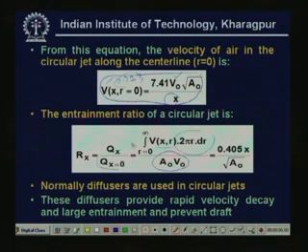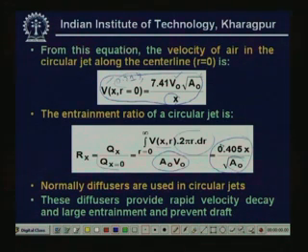So, if you substitute the expression for Vxr and integrate it from 0 to infinity, ultimately you find that the entrainment ratio is equal to 0.405 x divided by square root of A naught. Again, from this equation you can see that the entrainment ratio increases as x increases and entrainment ratio decreases as A naught increases.